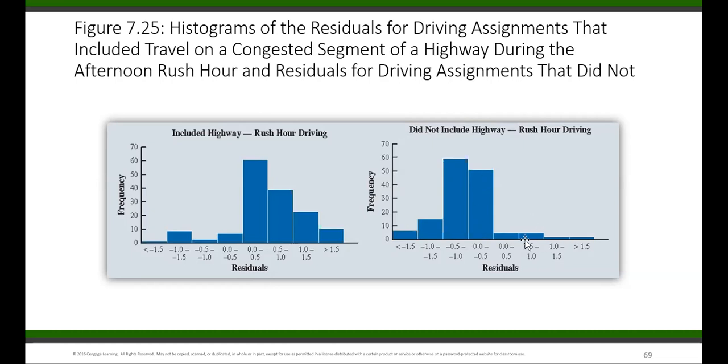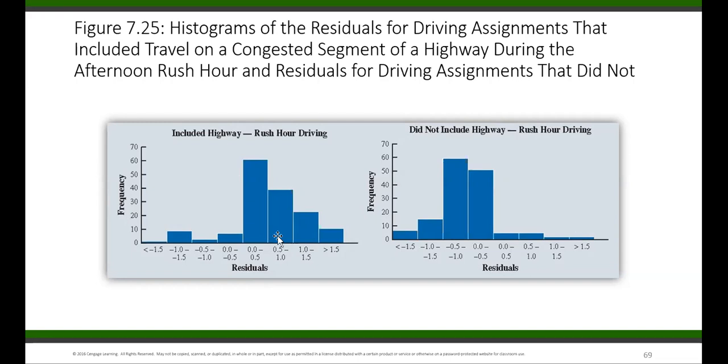It's skewed to the right side. Most values are negative. So positive residual means residual is y minus y hat. Positive residual means that y is greater than y hat. So the estimated model is actually underestimating the travel time.